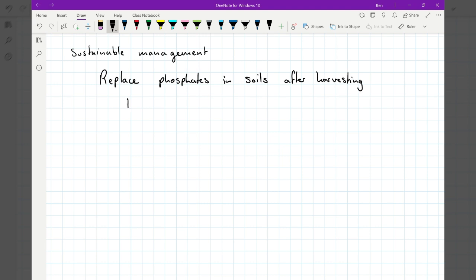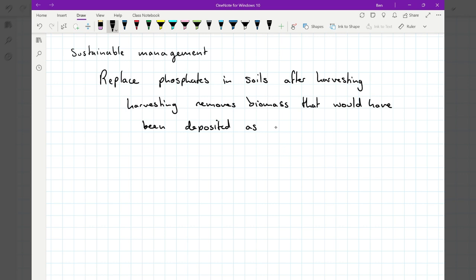Because the action of harvesting removes biomass that would have been deposited as dead organic matter, returning nutrients.